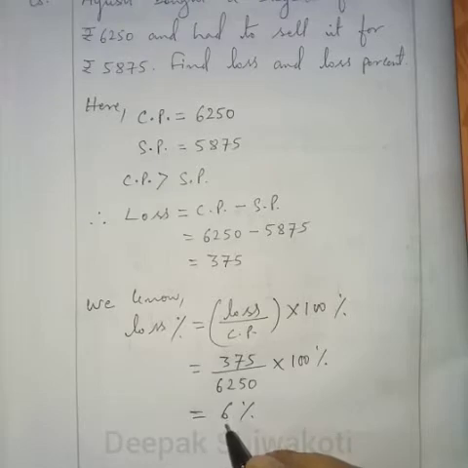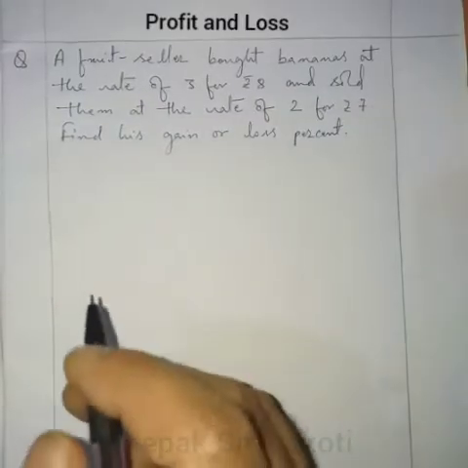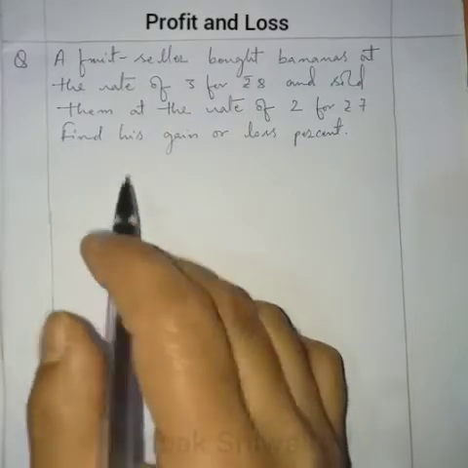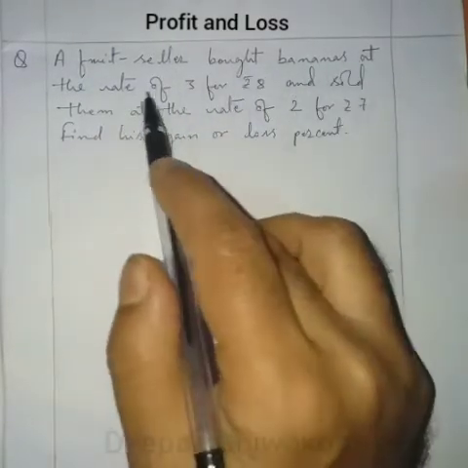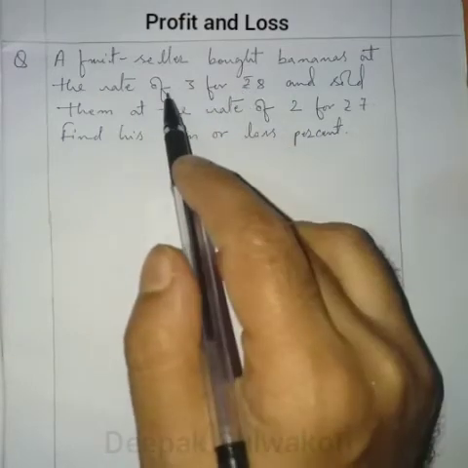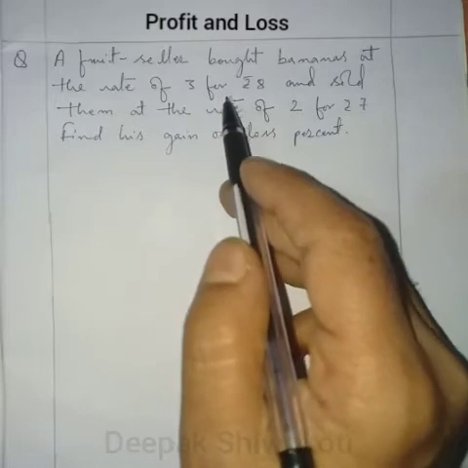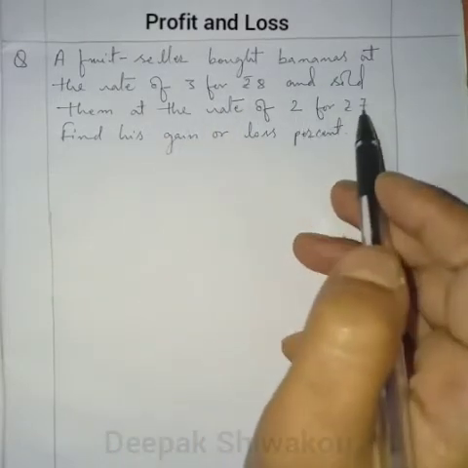Here is another question from the same chapter, profit and loss. A fruit seller bought bananas at the rate of 3 for rupees 8. Try to understand the question. And sold them at the rate of 2 for rupees 7.